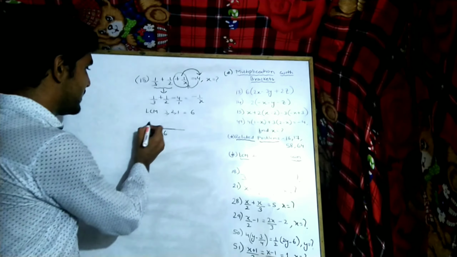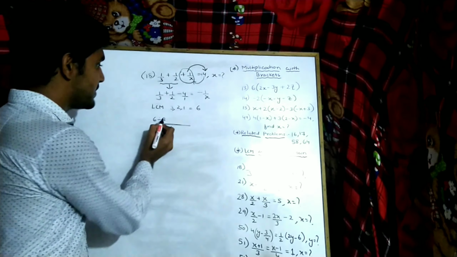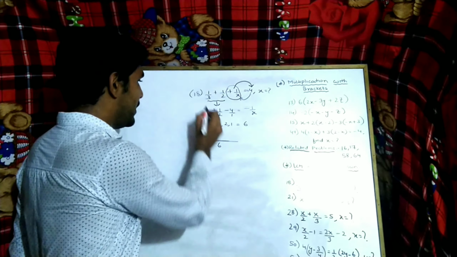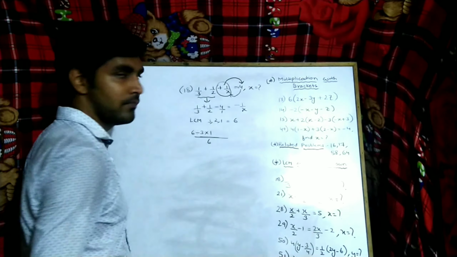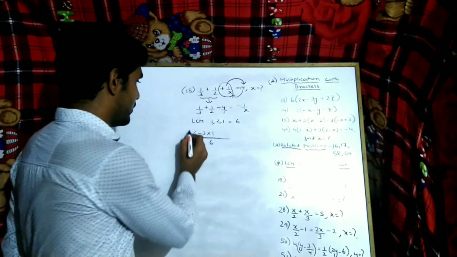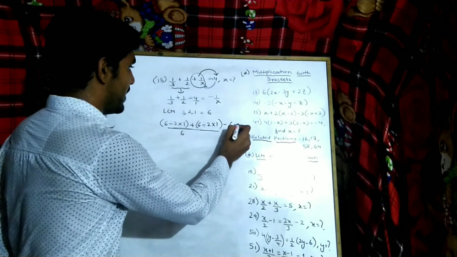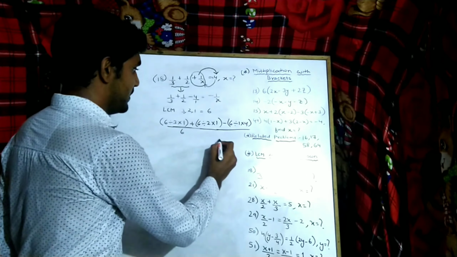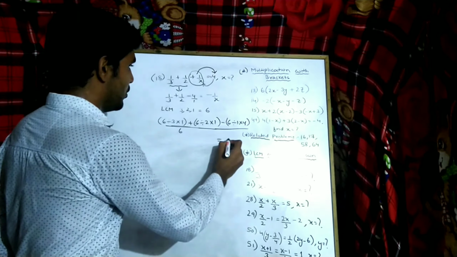You know na? 6 divided by, okay, next time onwards I will not explain. 6 divided by 3 into 1. Okay. Now plus 6 divided by 2 into 1. Okay. Again minus 6 divided by 1 into 4. Okay, is equal to minus 1 by x.